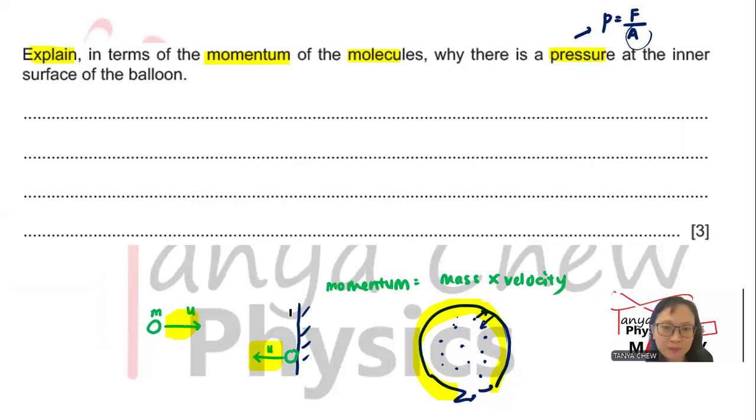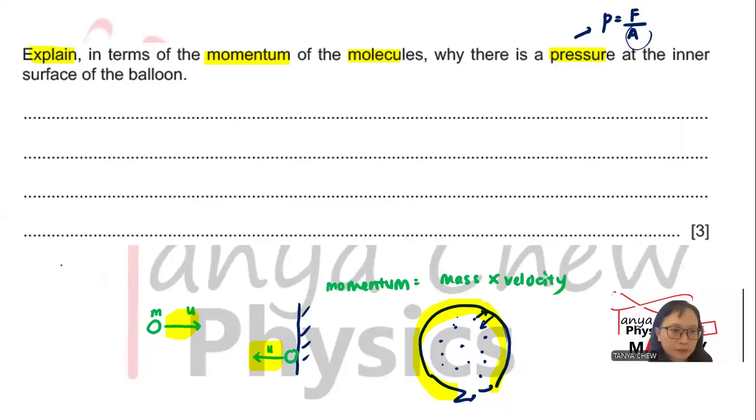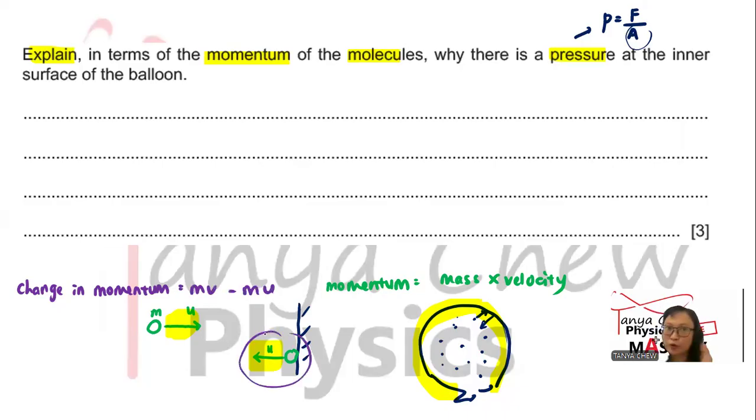So change in momentum, I'm going to write it down, using a different color, purple maybe. Bear in mind, change in momentum is always final momentum minus initial momentum. Because the molecule rebounds back with the same speed, I will put positive direction to my final velocity and negative to my initial velocity. So the mass of the molecule is m.